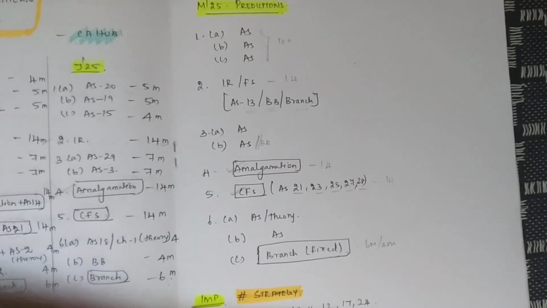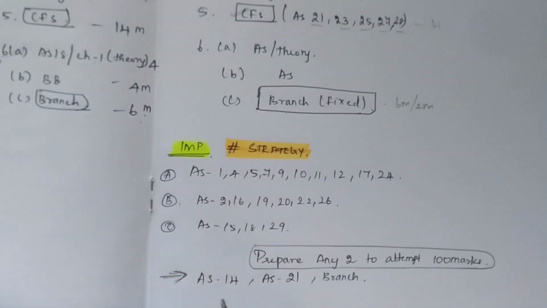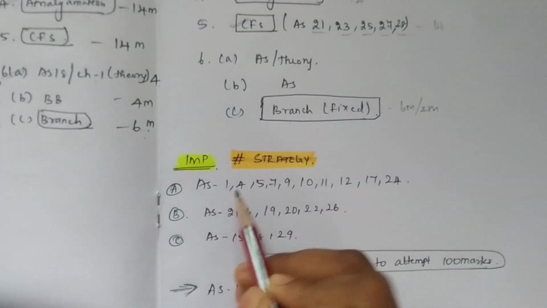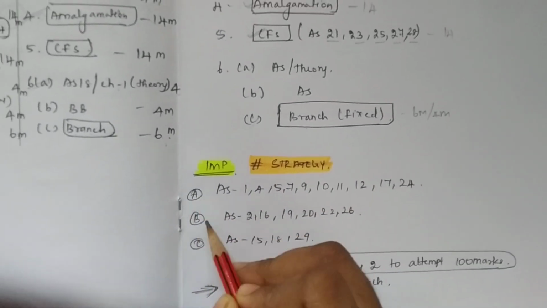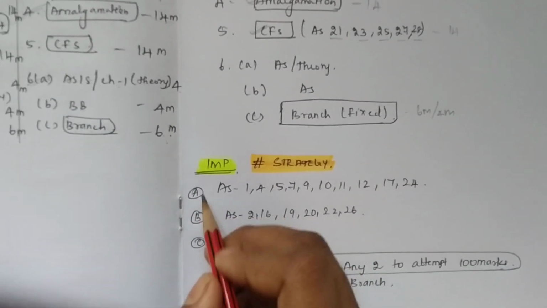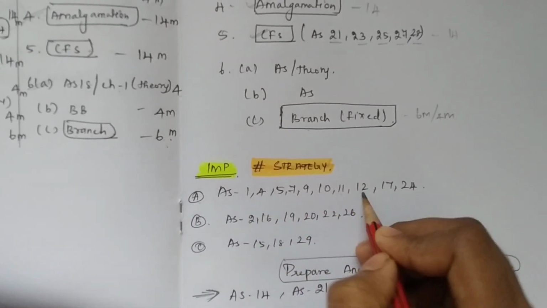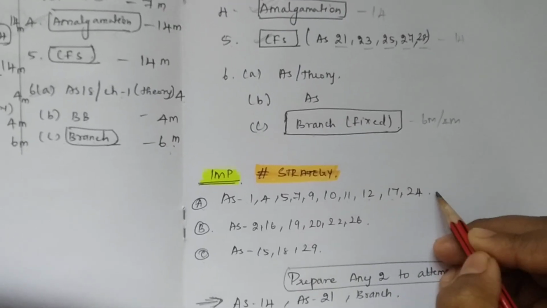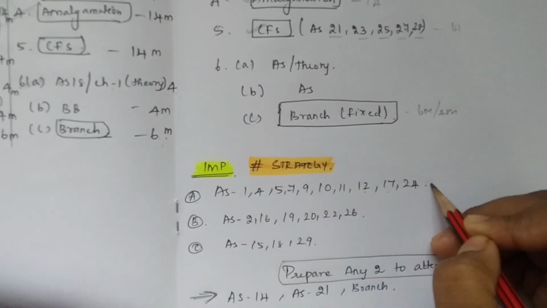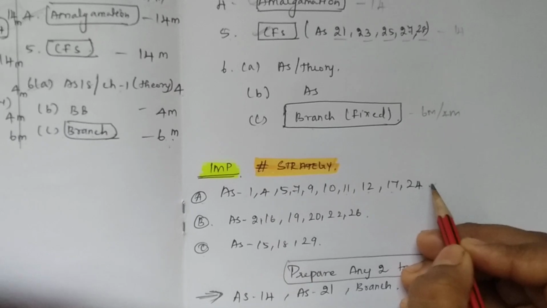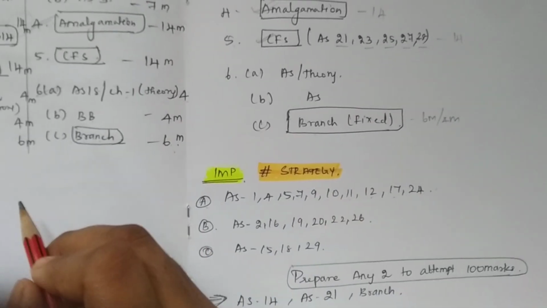And when you ask me for a strategy to complete the AS, I would say A category, B category and C category. The A category are AS 1, 4, 5, 7, 9, 10, 11, 12, 17, 24. Why did I mention these standards here? Because these are the standards they did not even ask in many past attempts.